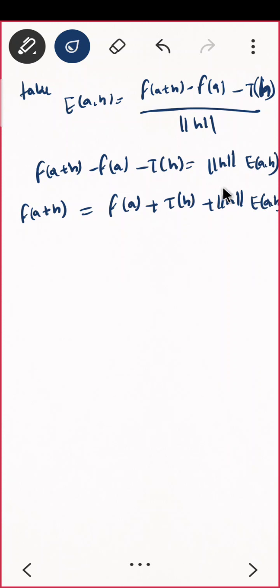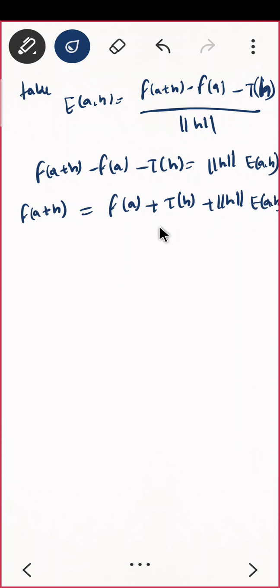So norm h you will directly see. You just have to see the linear transformation. We will do some examples, then you will see. That means f(e+h) has been approximated to a linear transformation.